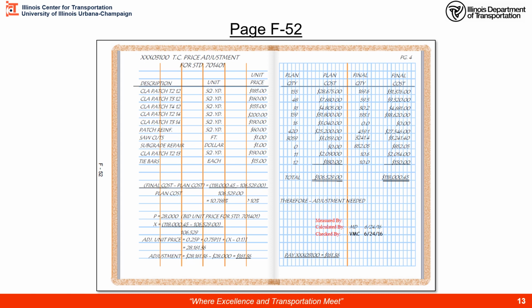So if you remember our X values in the formula, we have our final cost, the 118 is here, minus the planned cost, this column, and divided by the planned cost. So that was just a little bit over 10%. So we do proceed with the adjustment.